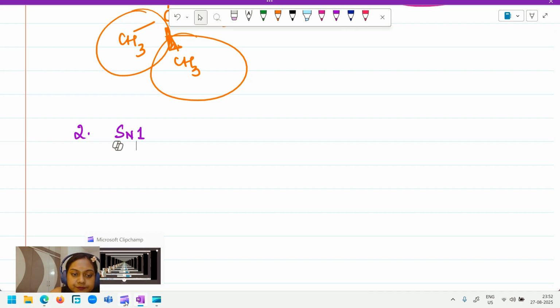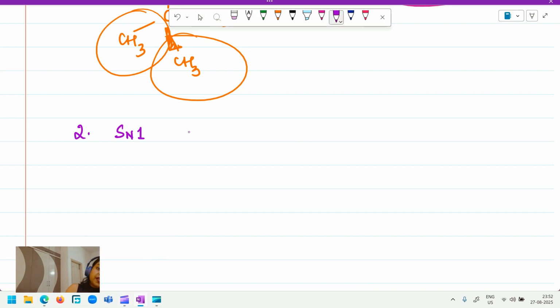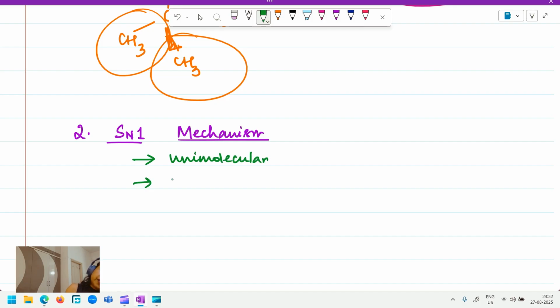Okay, SN1 mechanism. What do you think happens in the SN1 mechanism? In SN1, this is unimolecular. That would mean the rate of reaction depends only on one thing, the concentration of our substrate.